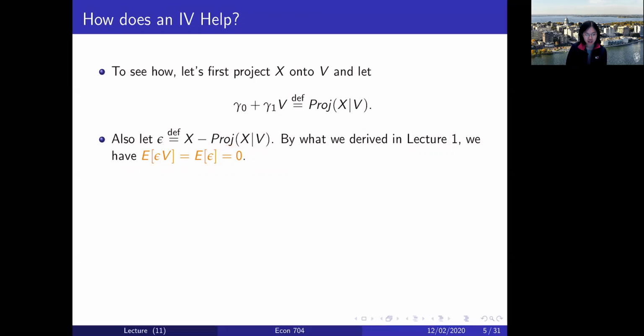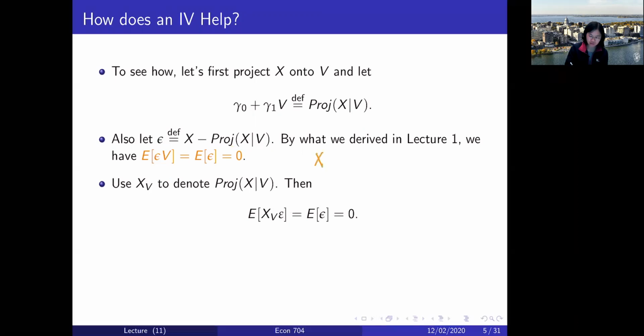So now we have a projection and the projection error, and we can rewrite x in terms of the projection and the projection error. By definition, this equation holds.